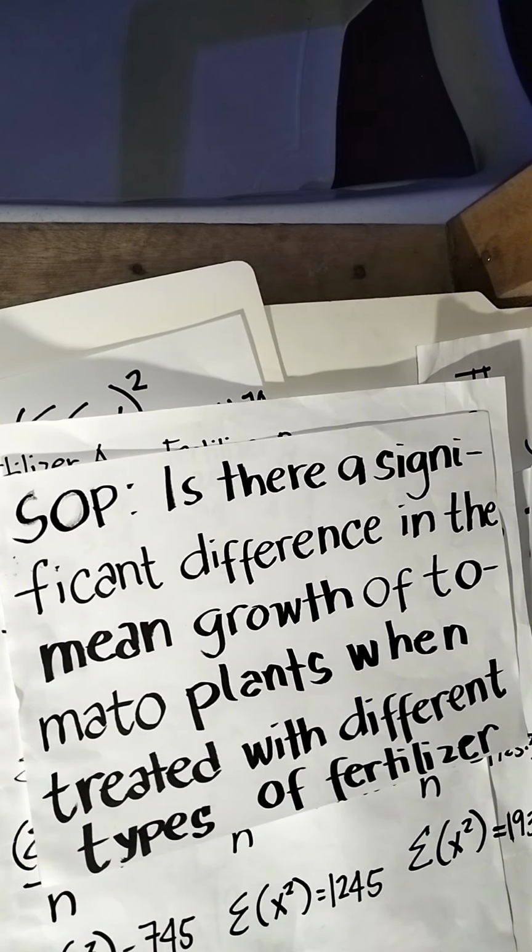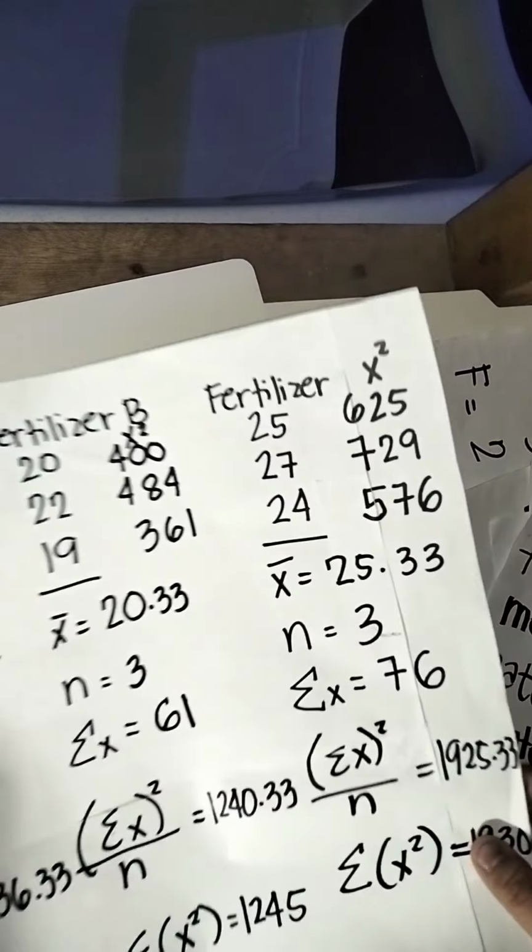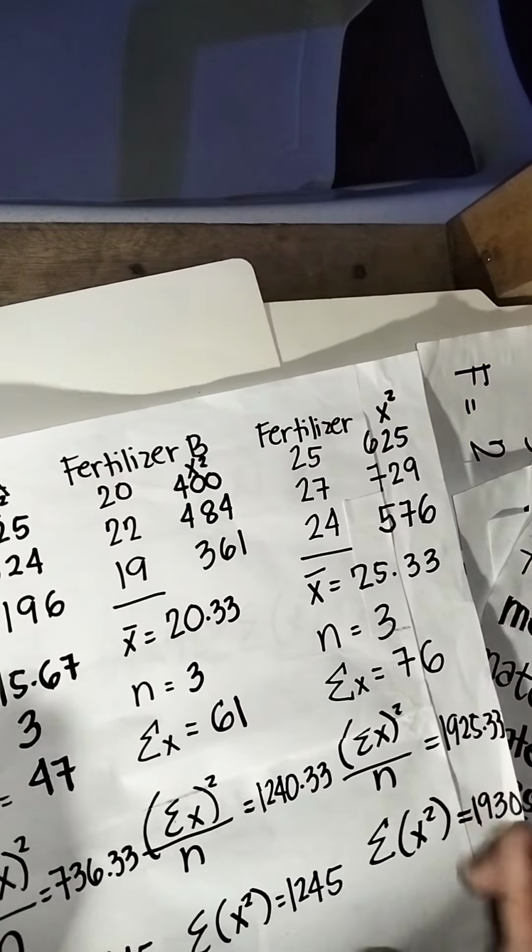So, the appropriate inferential statistic to answer our research question is the one-way Anova. Okay, now let's go on with our data. See, for example, I will give you a data.